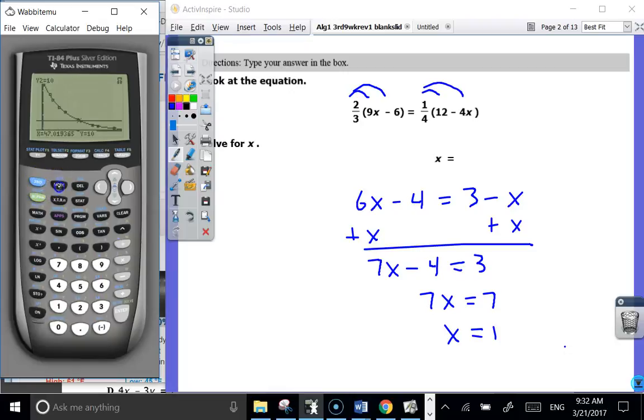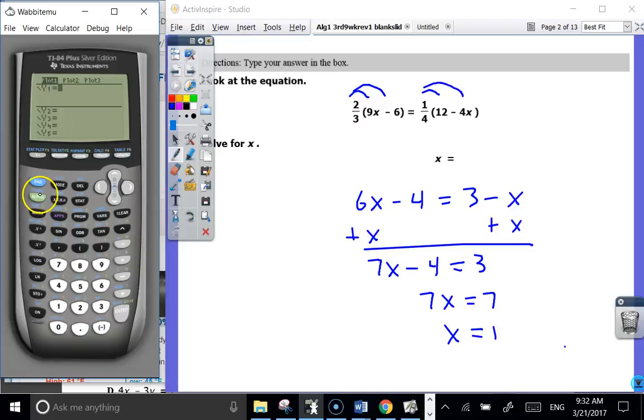Again, this is the kind of thing you might take a note on. Go to y equals, clear, and put the left-hand side of the equation on line 1. Where do I find the fraction format? 2/3. How do you get the fraction format?